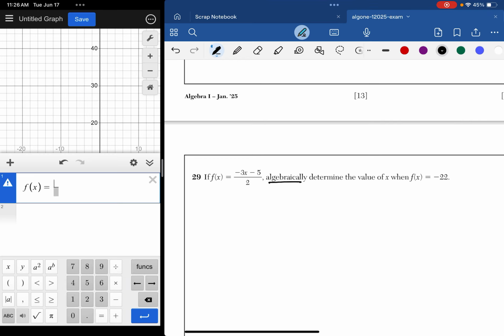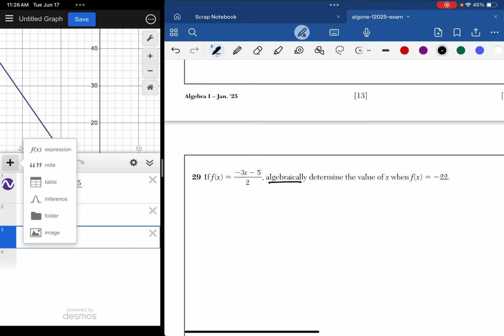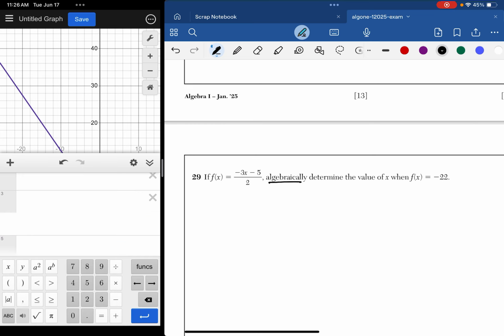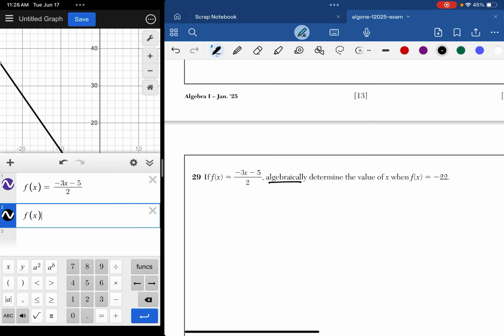So they're telling us f of x is equal to a fraction with negative 3x minus 5 up top and a 2 on the bottom. And then they're saying f of x is negative 22. I was just going to try that and see. Yeah, it would have been nice if it just automatically put an f of x in it for you.